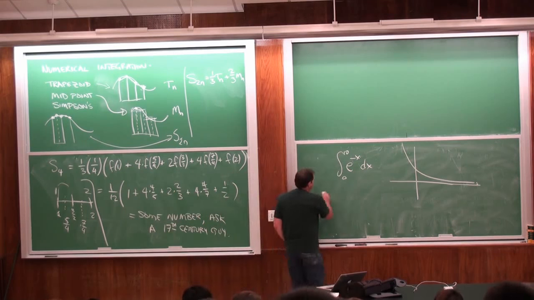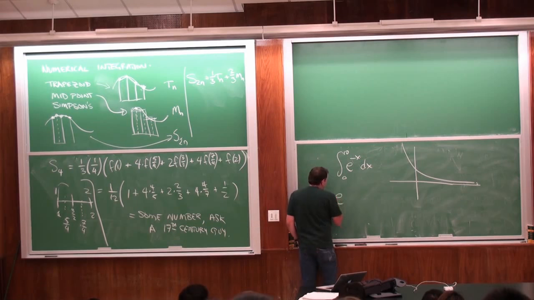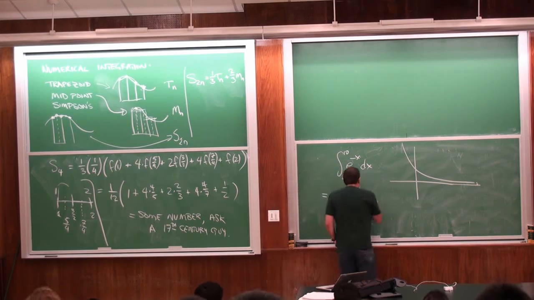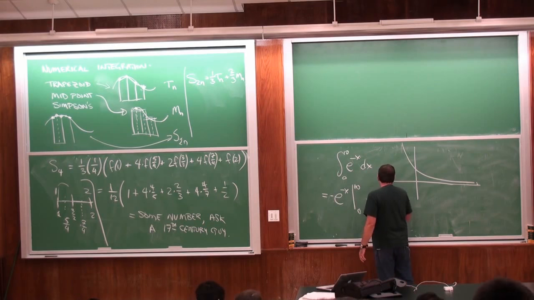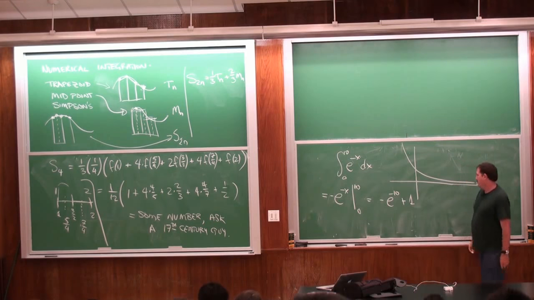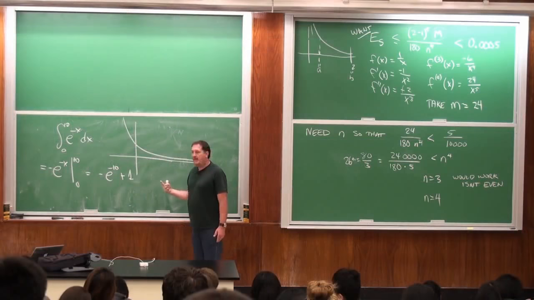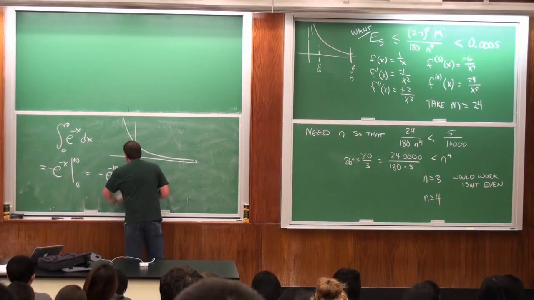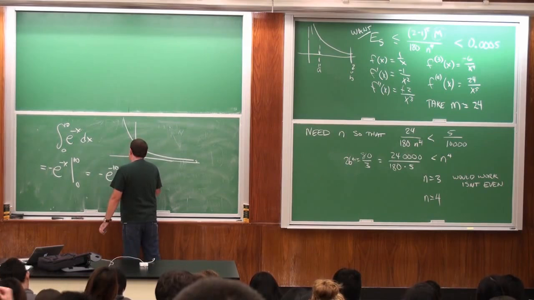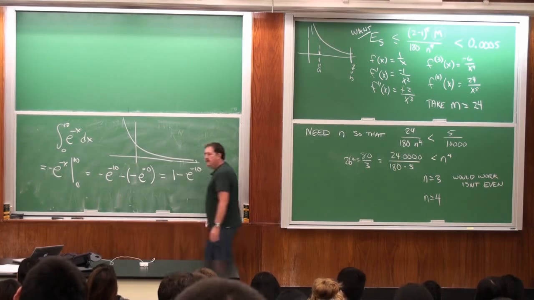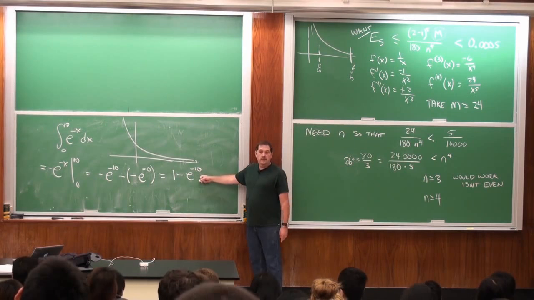Then this gives me minus e to the minus x evaluated from 0 to 10, which is minus e to the minus 10 plus, so really, minus e to the minus 0, which is 1 minus e to the minus 10. This is a tiny number.